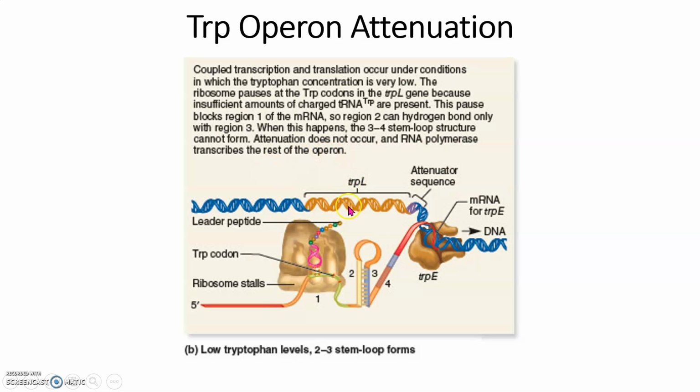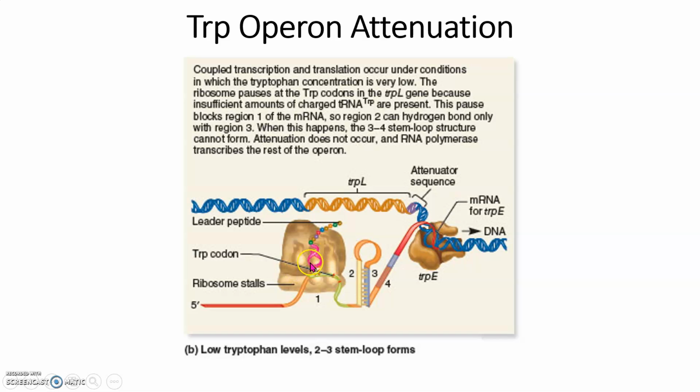Well, if we couple the two, now we are translating and transcribing at the same time. Our tryptophan levels are low. We need to make this molecule, right? So we start to translate it. We pause because we need to incorporate tryptophan. Because tryptophan levels are low, we can't incorporate it.